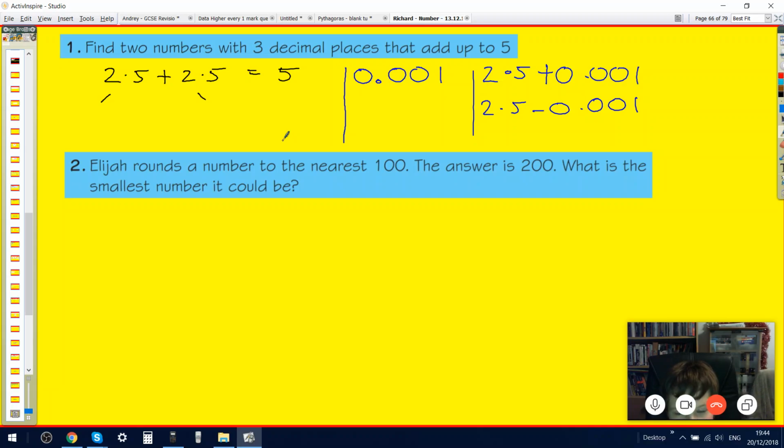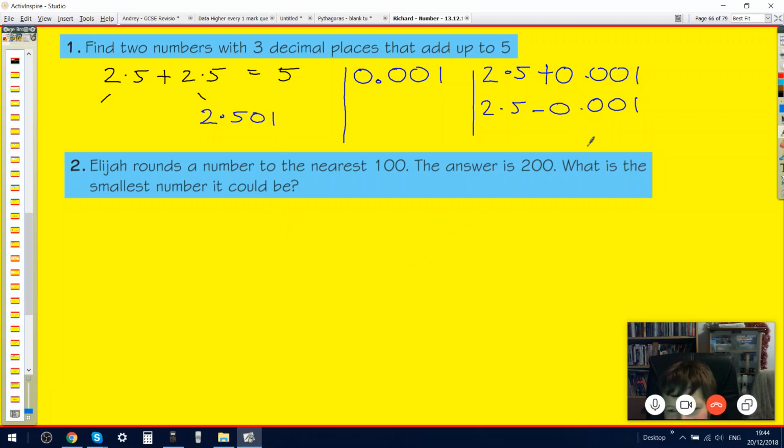So what would be 2.5 plus 0.001? Well, that would equal 2.501. Yes. And then the tricky one, the subtracting one.